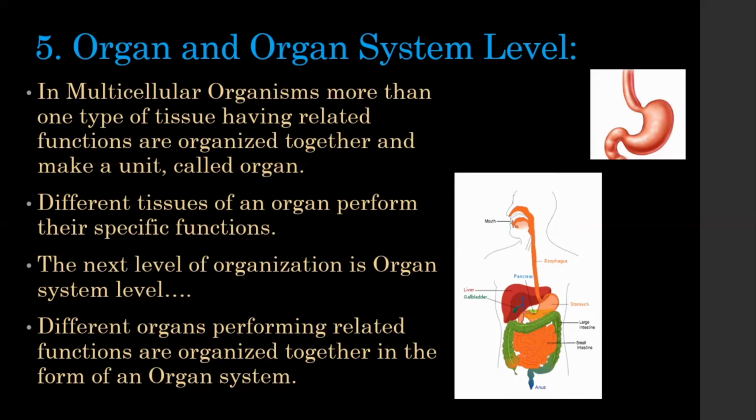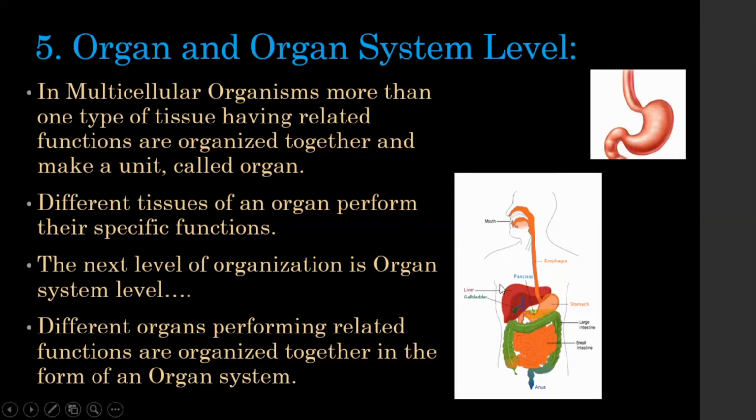The next level of organization in a multicellular organism is the organ system level. Different organs performing related functions are organized together in the form of an organ system. In an organ system, each organ carries out its specific function, and the functions of all organs appear as the function of the organ system.